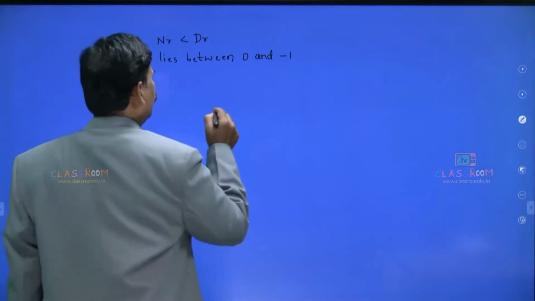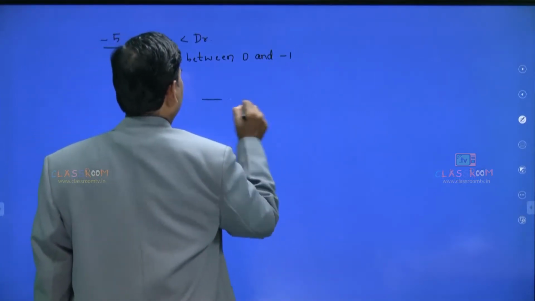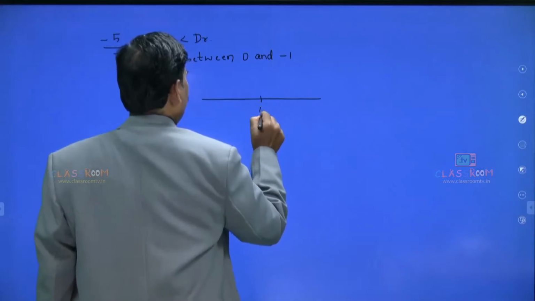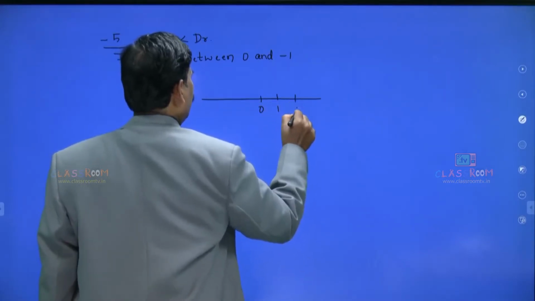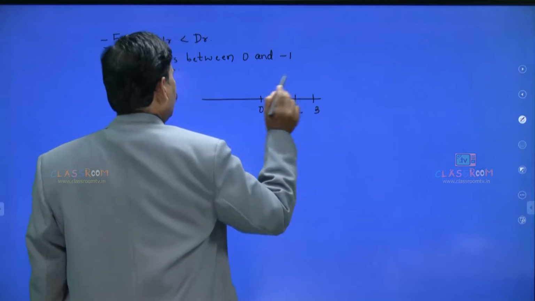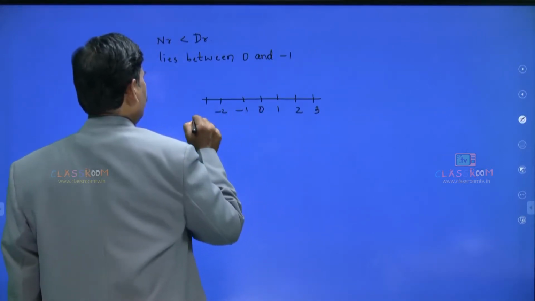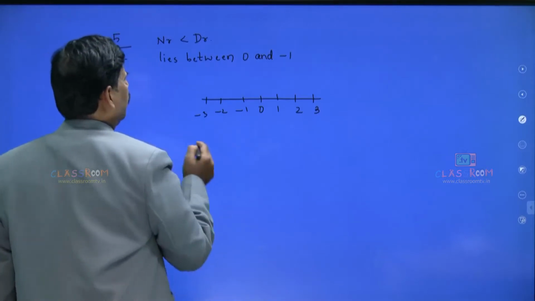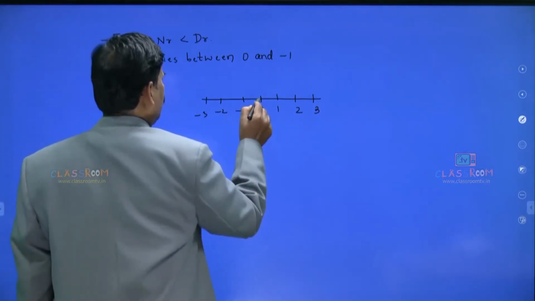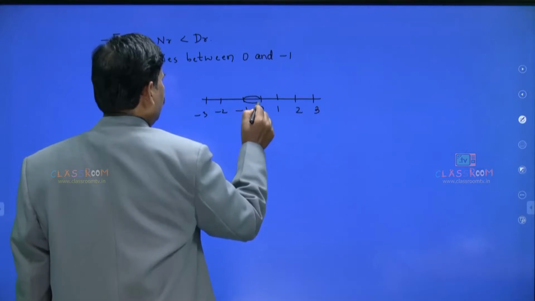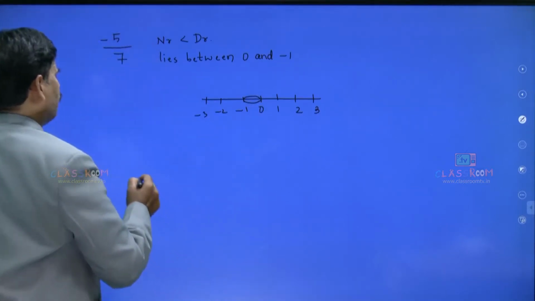So let us see now. First we will draw the line. This is 0. On the right side of 0 you will have all the positive numbers, and on the left side you will have the negative numbers. We wanted between 0 and minus 1, so you take only that particular area.